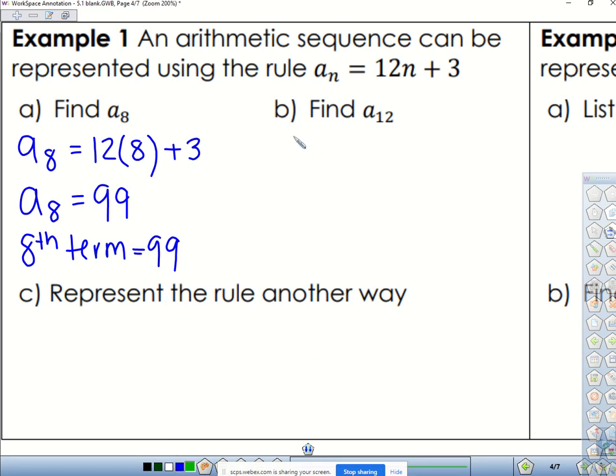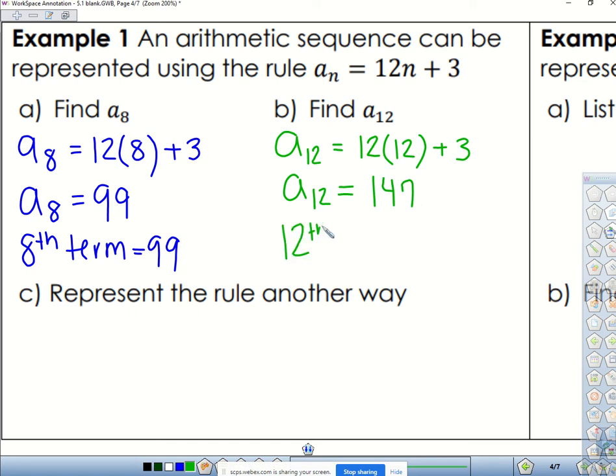So now we're also going to find the 12th term of the sequence. You're going to plug in 12 for n and calculate it. 147. Good, 147. So the 12th term is equal to 147.